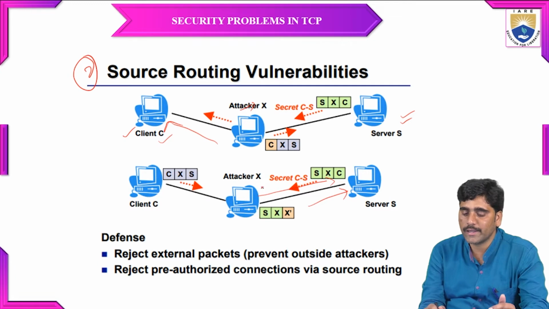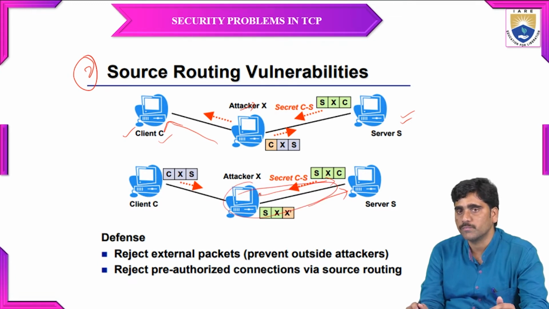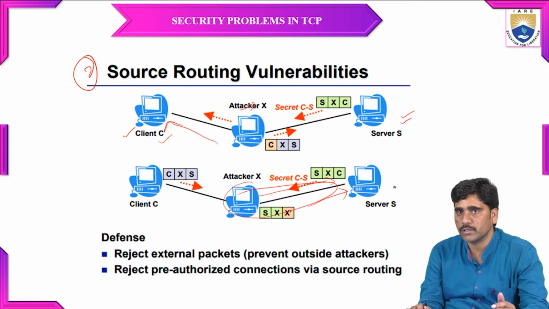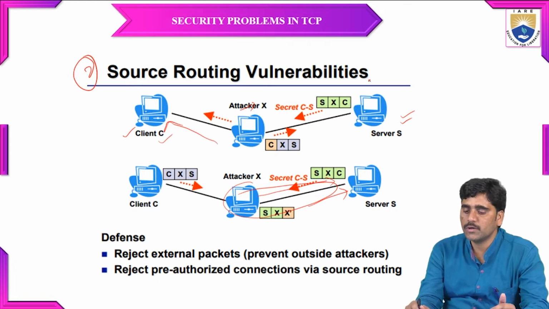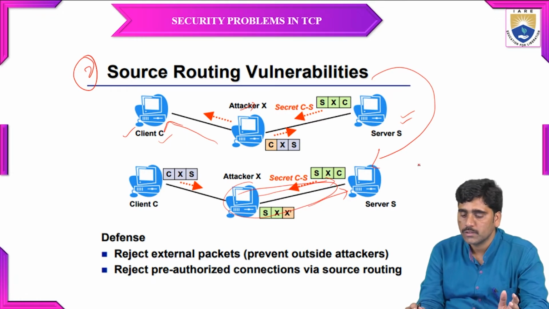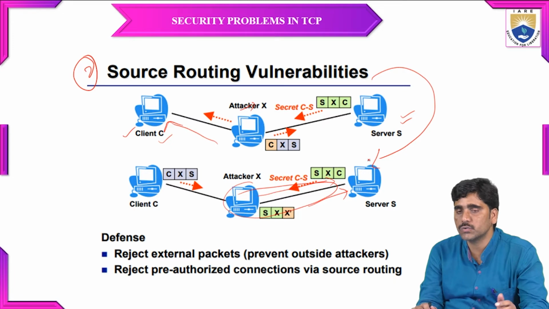And the attacker takes all the control over this route. At that moment, he destroys the source routing. These vulnerabilities give the attacker a chance to interfere in the middle of the route.